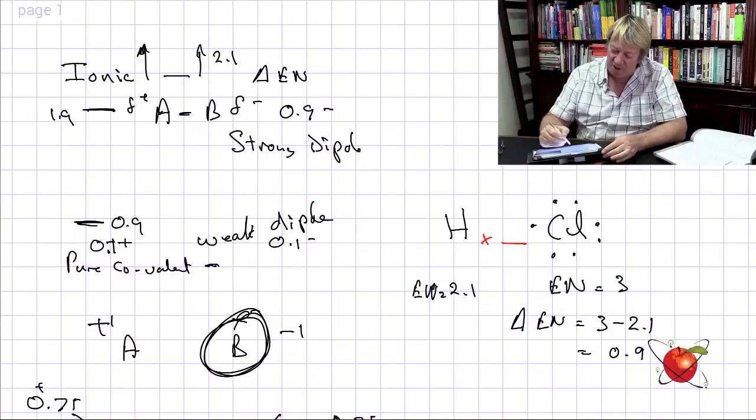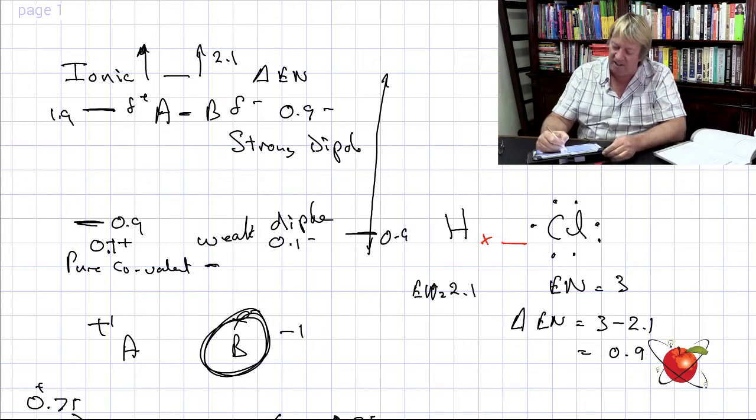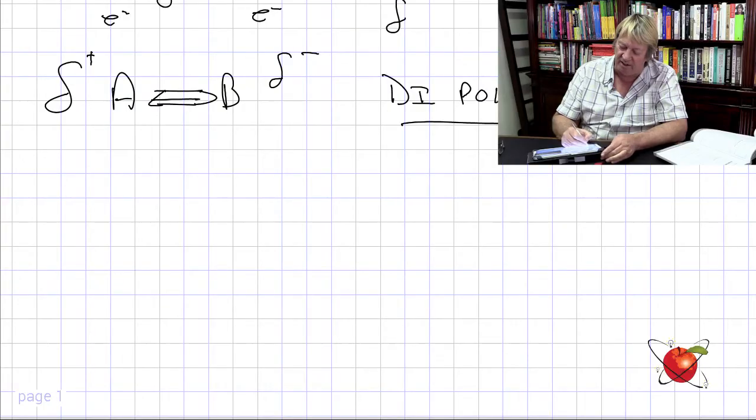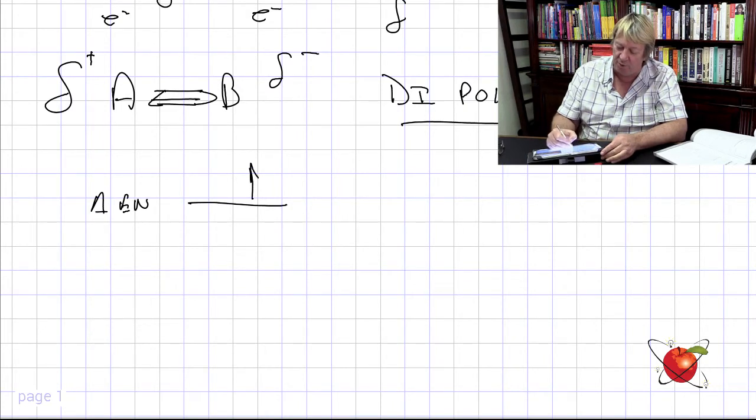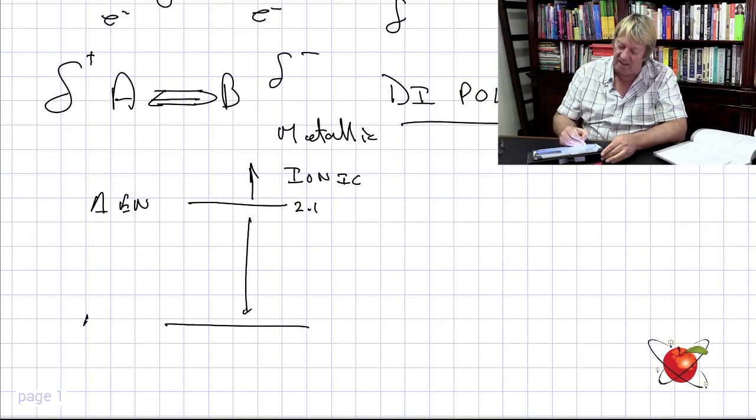So between these 2 points, and the cutoff usually is at 0.9 here, we say that above, let me redraw that neatly, we say that delta electronegativity above 2.1, it's ionic, and obviously the next form up is the metallics. Down here, they normally say delta electronegativity 0.9.